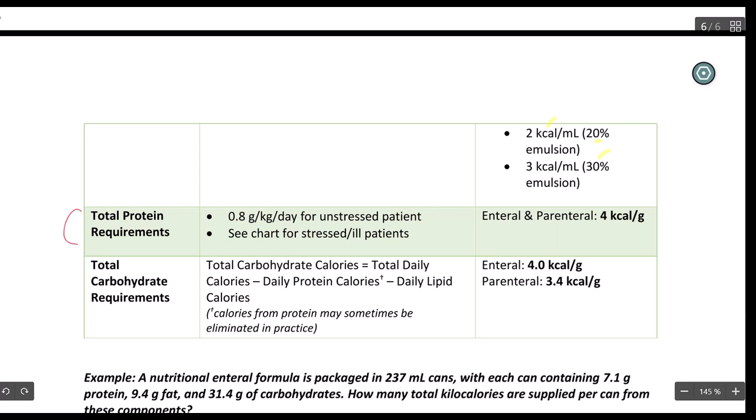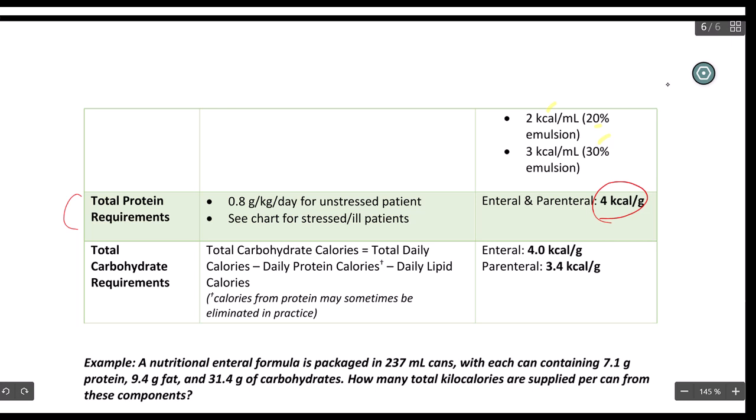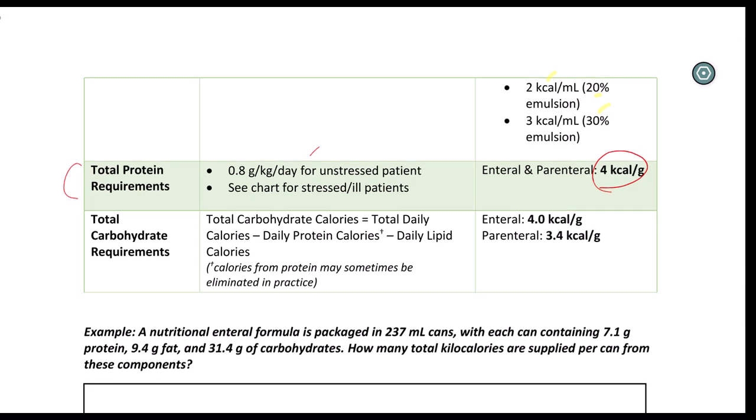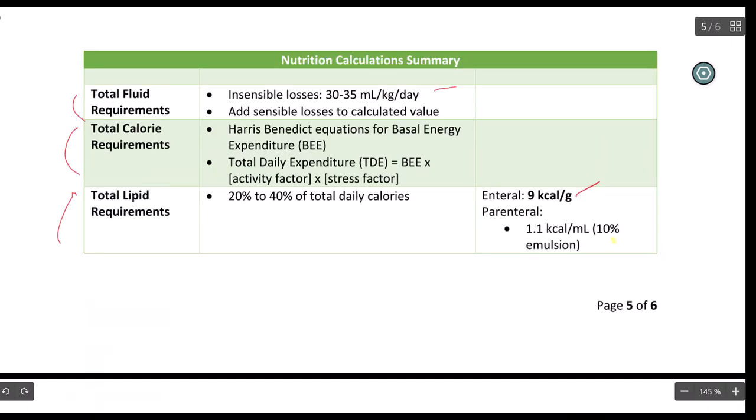Proteins, always 4 kilocalories per gram regardless. The requirements may be different based on stress and activity of the patient, as well as total carbohydrates by mouth, which is enteral, 4 kilocalories per gram, parenteral, 3.4 kilocalories per gram. The bolded numbers you should know and have memorized.